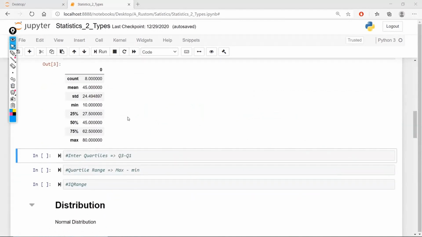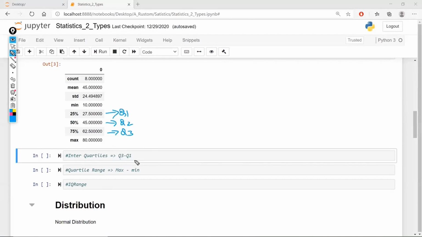Now, when should I call something the interquartile? There are some terms we usually use in statistics, like interquartile. Whenever I say interquartile, it is basically Q3 minus Q1. So this is Q1, Q2, and this is Q3.